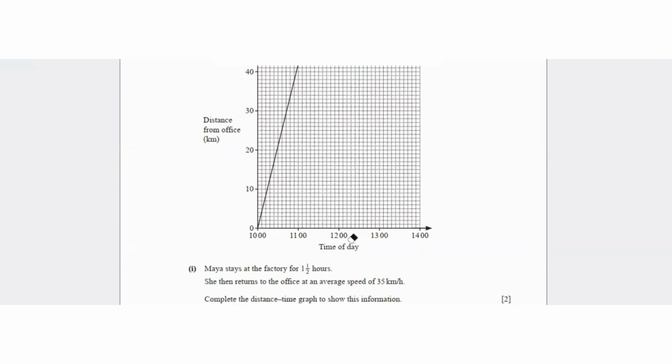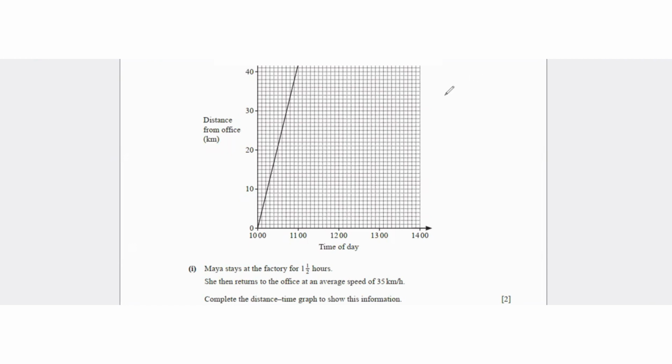Then it says she then returns to the office at an average speed of 35 kilometers per hour. So if she's returning at an average speed of 35 kilometers per hour, so you know that on her way back, when she's returning to the office, she's at an average speed of 35 kilometers.